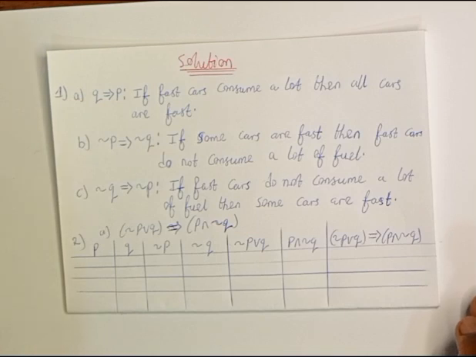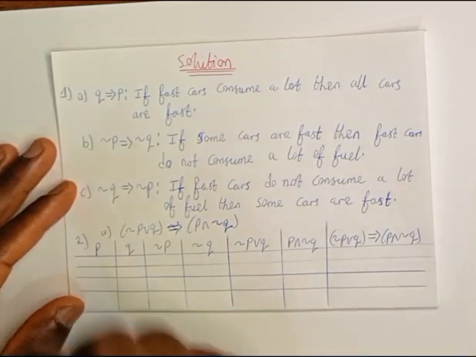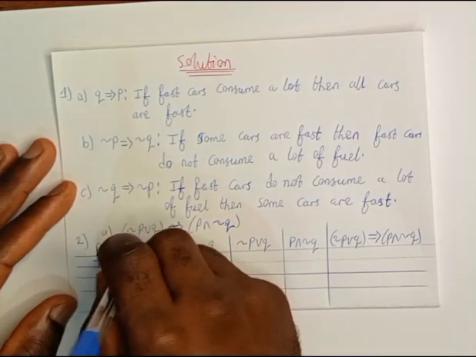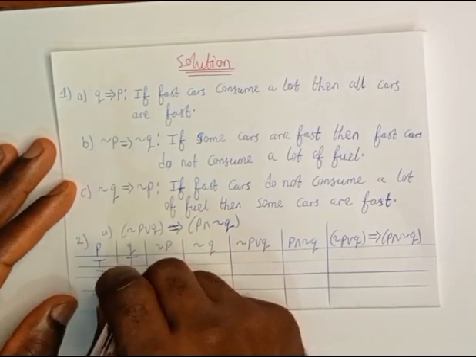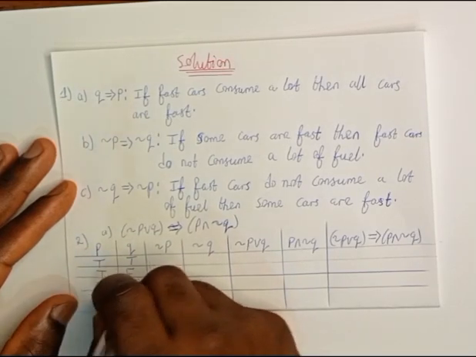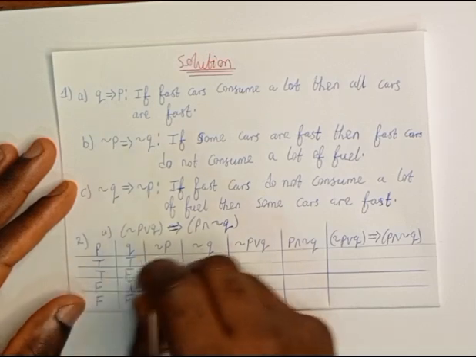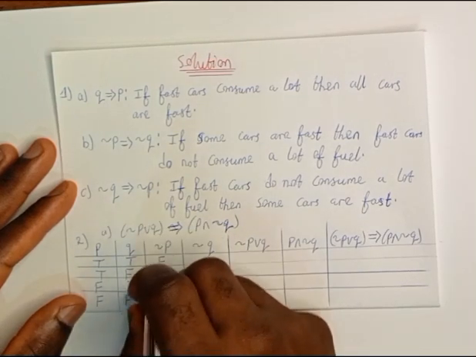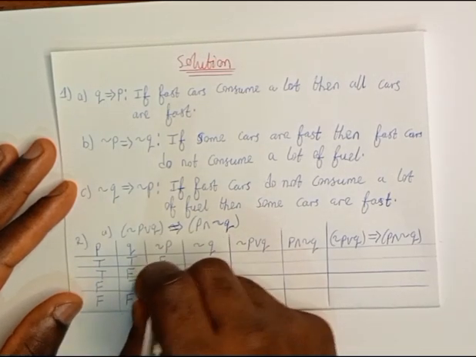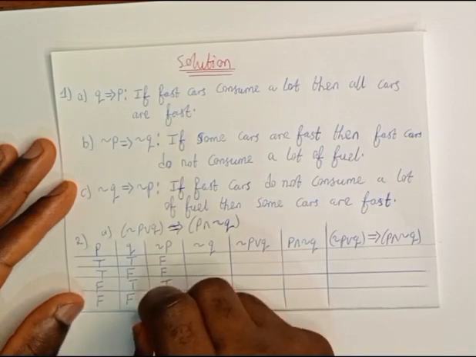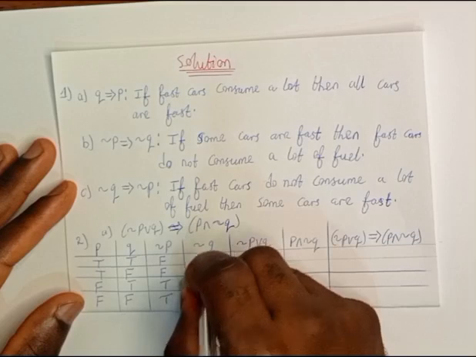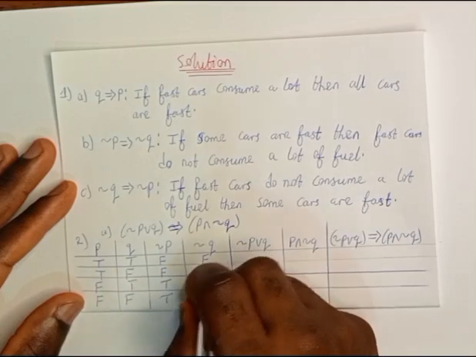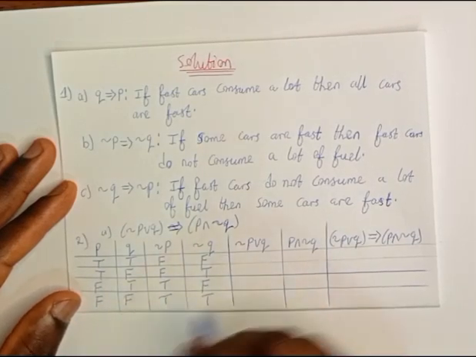Now we have to fill the truth table with the truth values: true, true, true, false, false, true, and lastly false, false. For not P, we have false, false, true, true. For not Q, we have false, true, false, true.